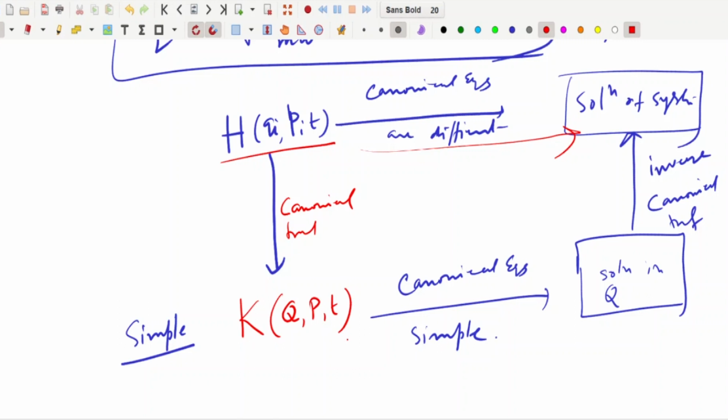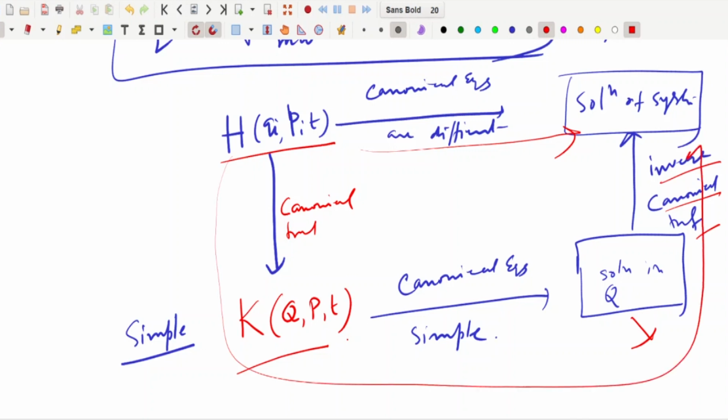We use a canonical transformation to simplify the Hamiltonian, then the equations are simple, maybe some coordinates are cyclic in the new Hamiltonian, and then we find the solution easily, and then we use the inverse canonical transformation to find the solution. So using canonical transformation, this route will be easier, and then we will have a real application of canonical transformation.